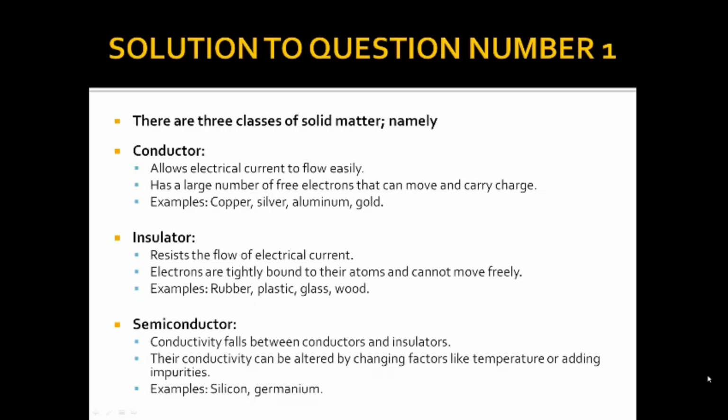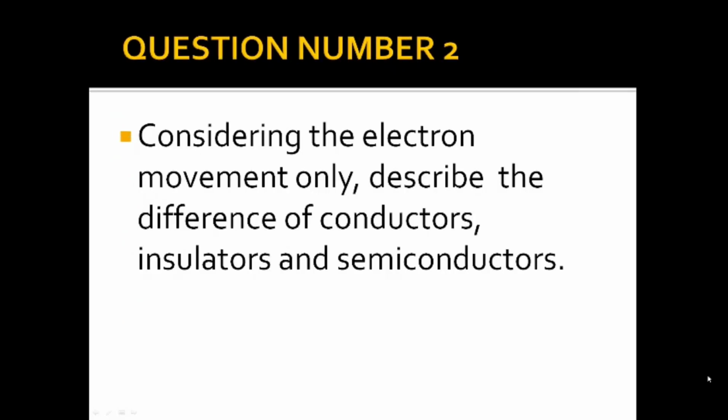This is question number 1. Now let's look at question number 2. It says, considering movement of electrons only, describe the difference between conductors, insulators, and semiconductors.